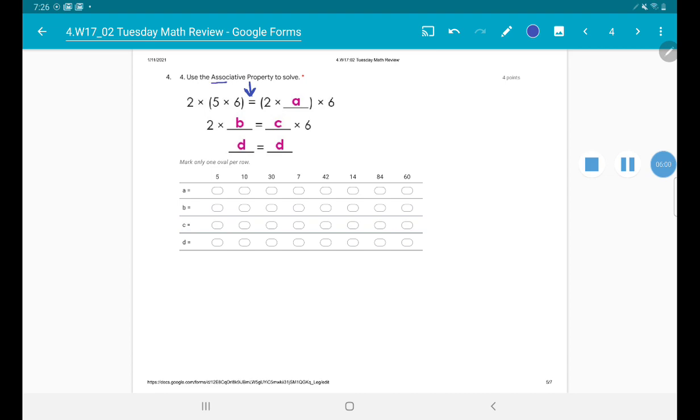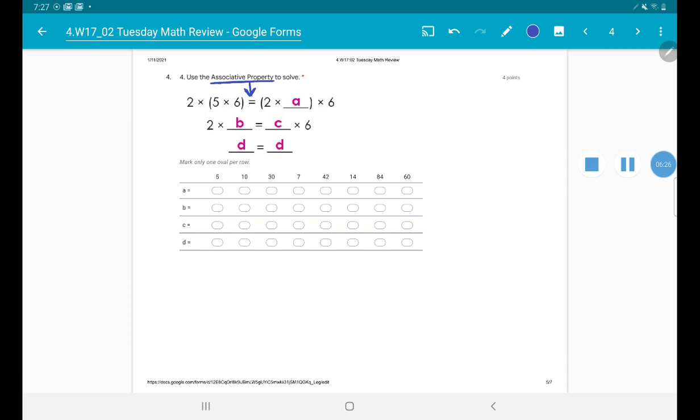We're using the associative property, which means that I can group whatever I want to together. All right, and the parentheses are telling us that's what you're going to multiply together first. And the associative property tells us that it doesn't matter what I multiply together first or which order I multiply, that I'm still going to get the same answer.